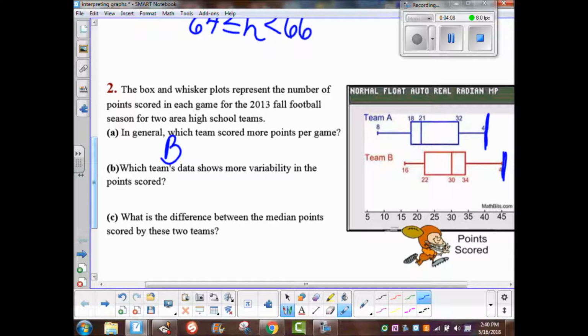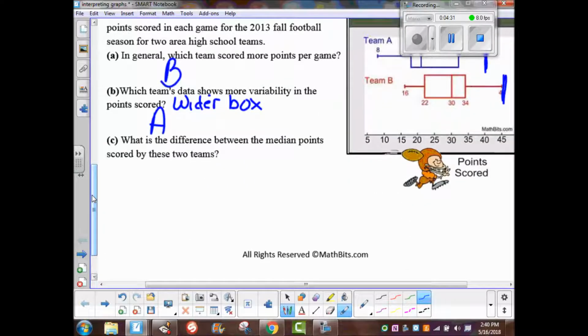Which team's data shows more variability in the points scored? You want to pick the one with the wider box, because the box is going to test the variability. So the wider box, that's going to be team what? Anybody? Team A.